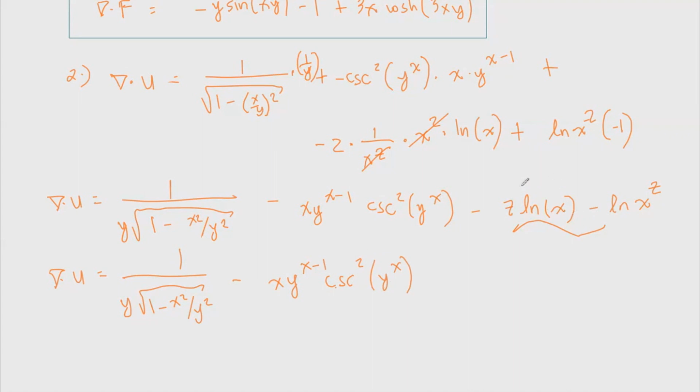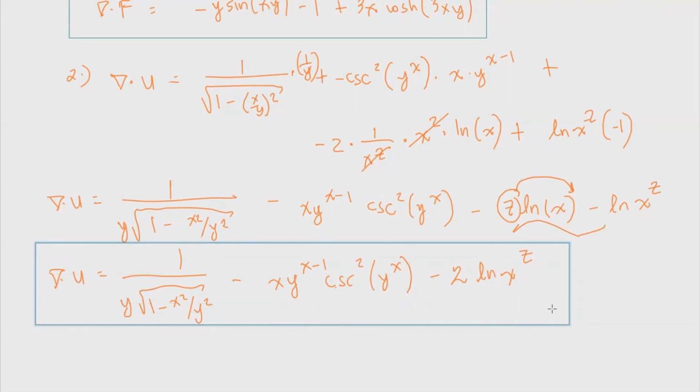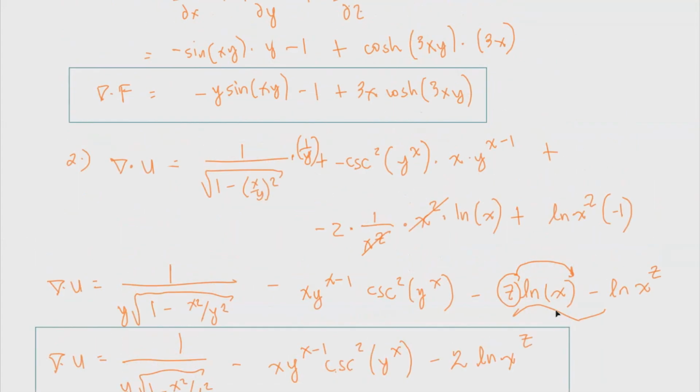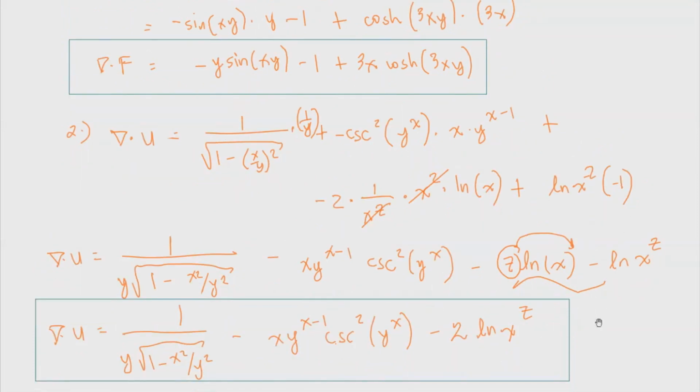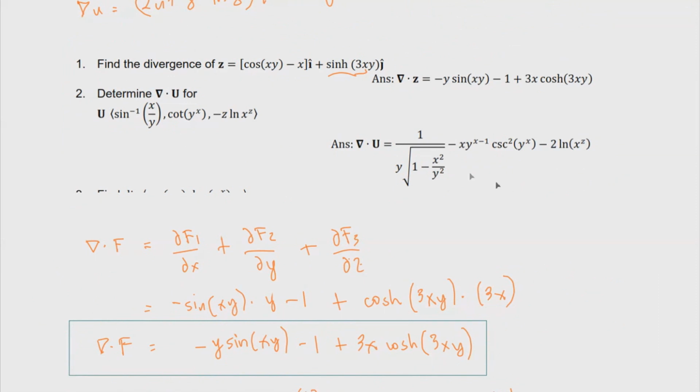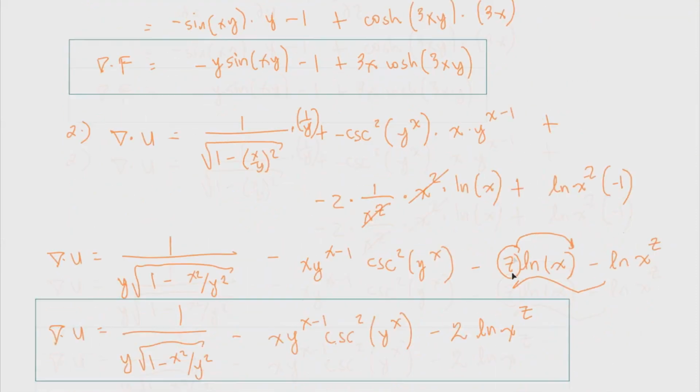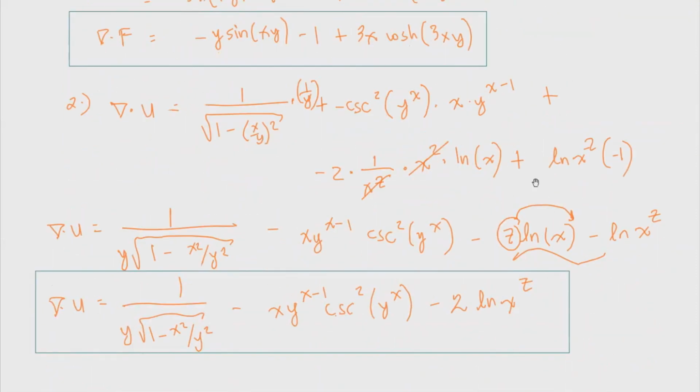We can add this because remember that this is z, so we can place that at the exponent of x, so that becomes ln of x to the z, so we have minus 2 and then ln of x raised to z. Okay, so we can get the same exact answer as the one in your module. But anyway, you can just leave it looking like this one. It's just the same, but just to give you an idea of how it happened in this case.